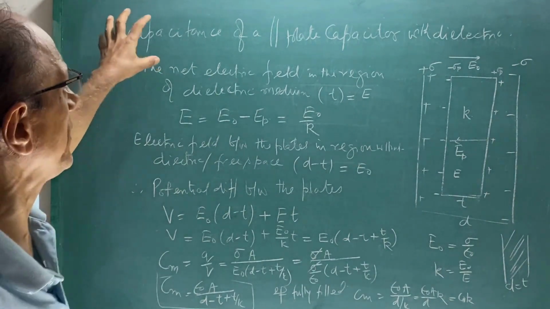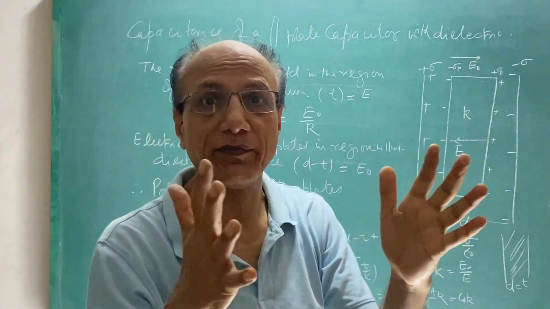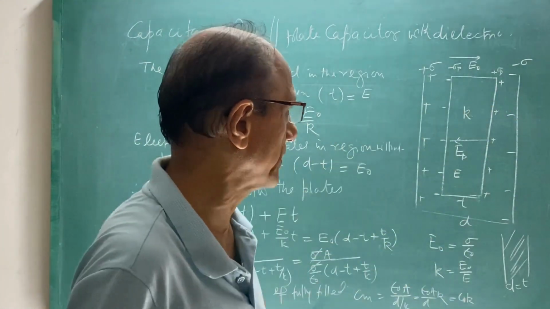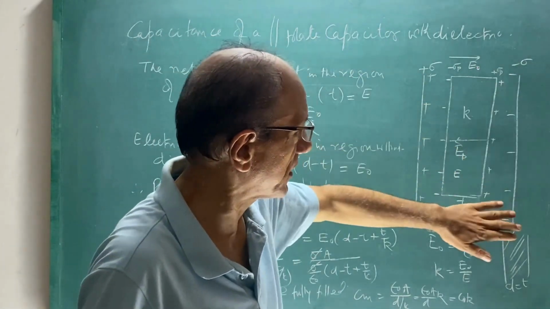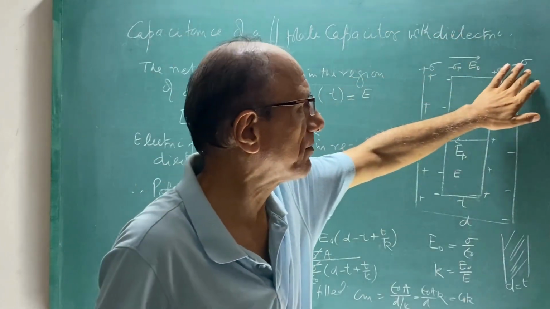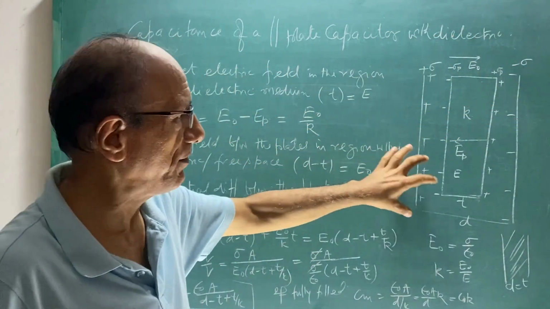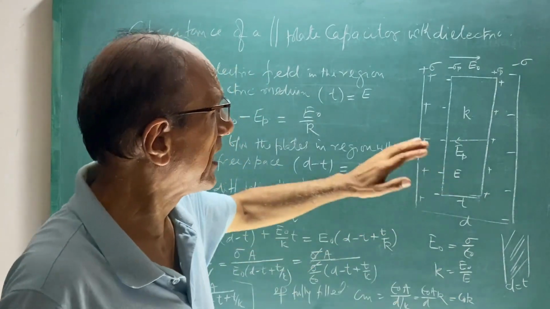We have to find the capacitance of a parallel plate capacitor when some dielectric medium is placed between the plates. So if you see, these are the two plates of the capacitor which are at the charge density sigma and here minus sigma. So the electric field between the plates becomes sigma by epsilon naught, that we know very well.